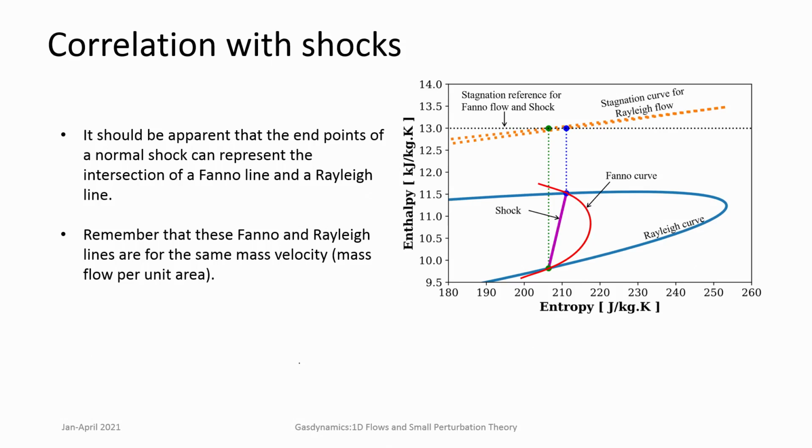Now, consider both a Fanno curve and a Rayleigh curve. The Fanno curve also has shocks associated with it, and the Rayleigh curve also has a shock associated with it.